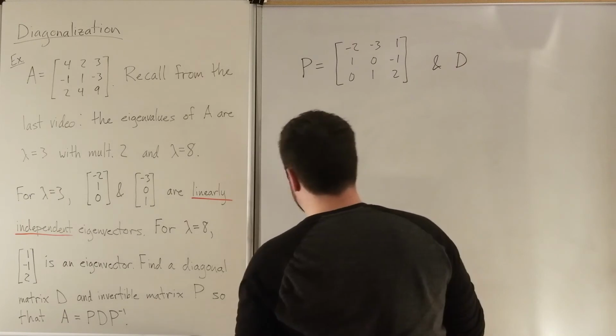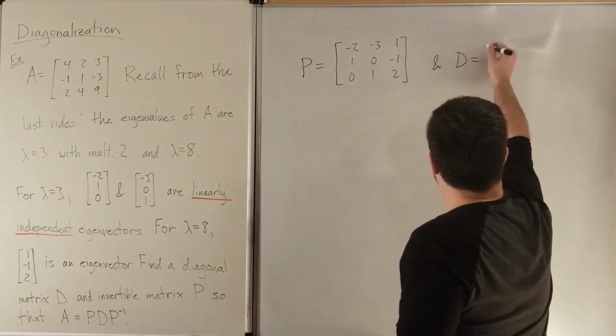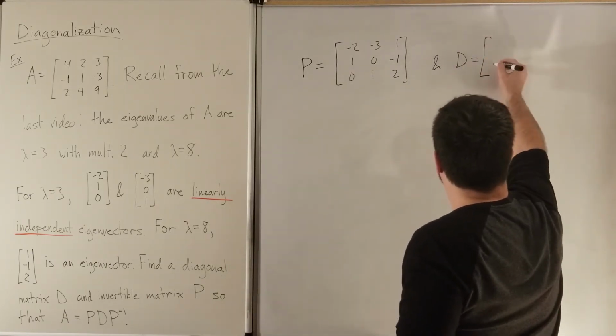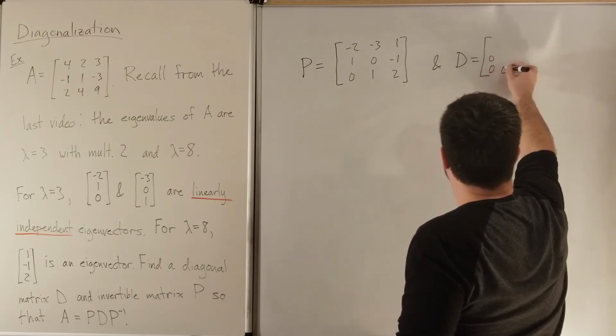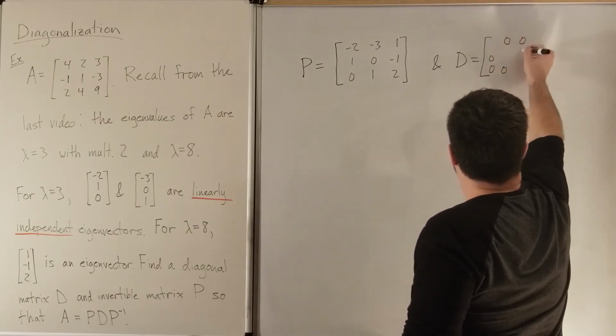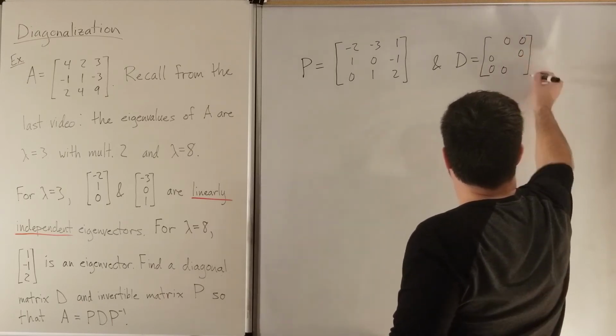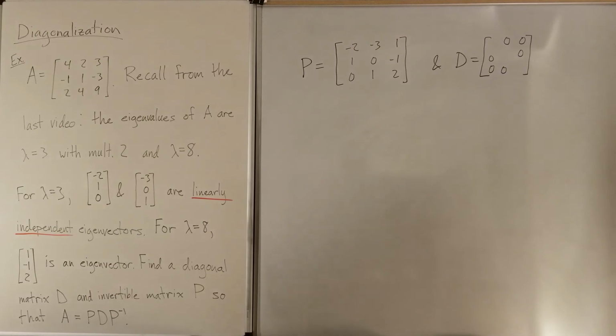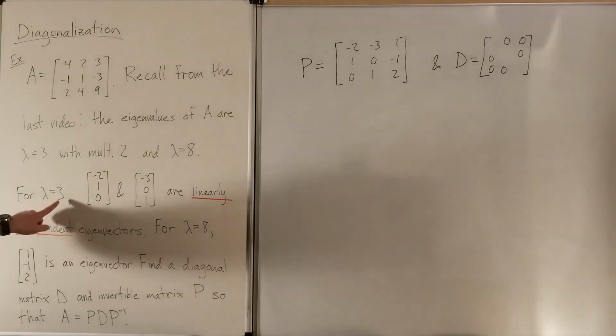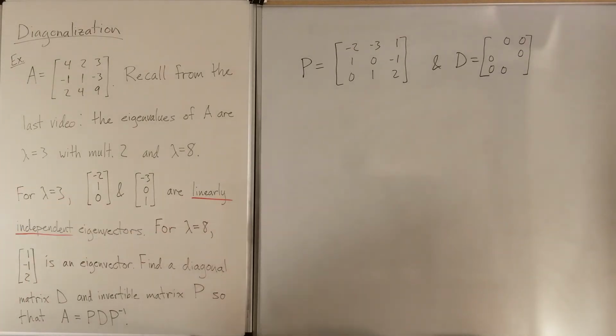So we have that, and D is the diagonal matrix, which is made up of the corresponding eigenvalues. The diagonal entries here are going to be the eigenvalues 3, 3, and 8.